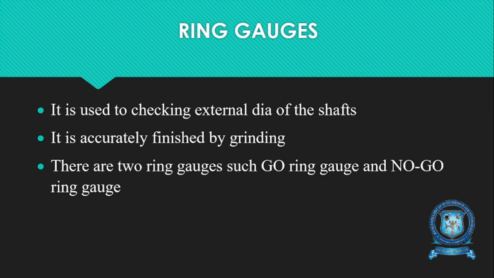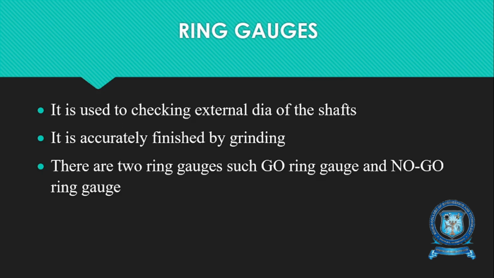There are two rings, the go ring and the no go ring, made separately to check the shaft diameter. The go ring is made to the upper limit size of the shaft and the no go ring to the lower limit.